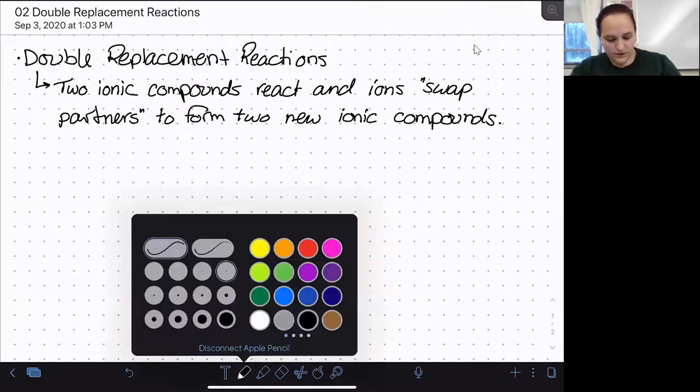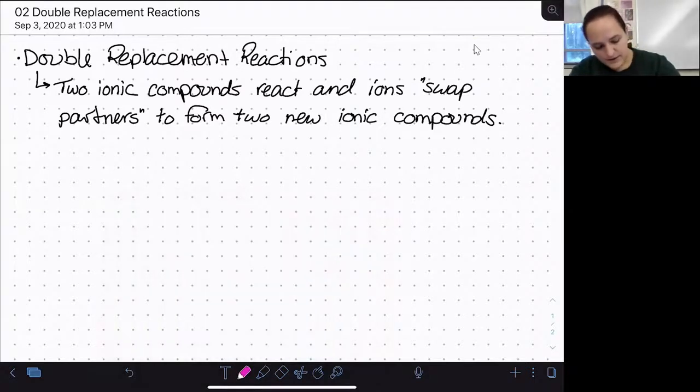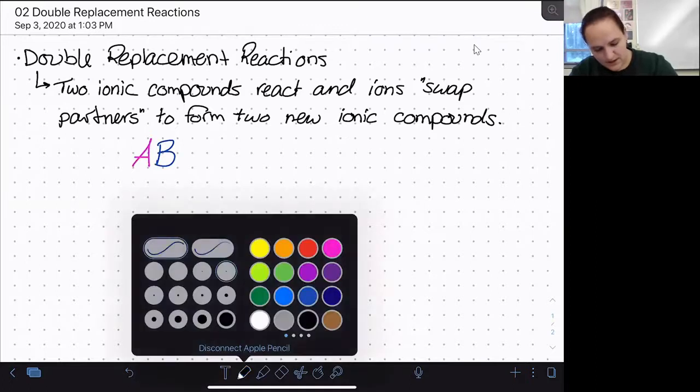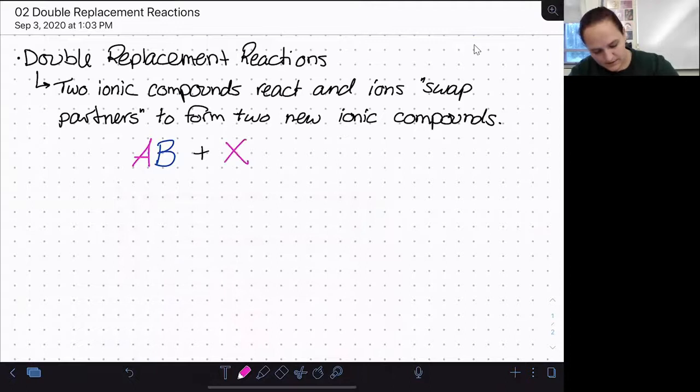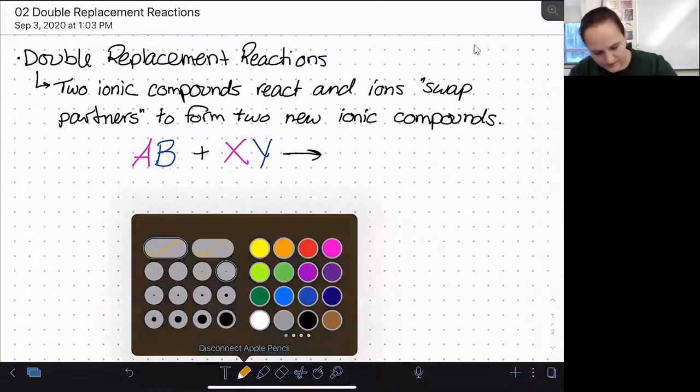So in really, really generic terms, we can say if compound AB reacts with compound XY via double replacement, you can think of it as either the cation switching or the anion switching. It doesn't really matter. But our ions are going to swap partners. So let's do this in a different color.